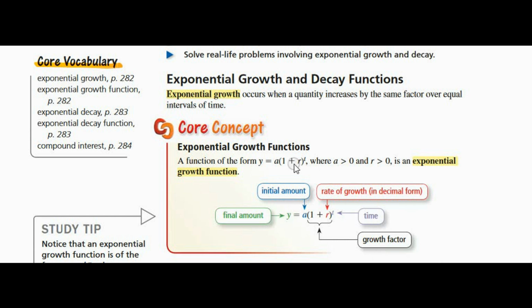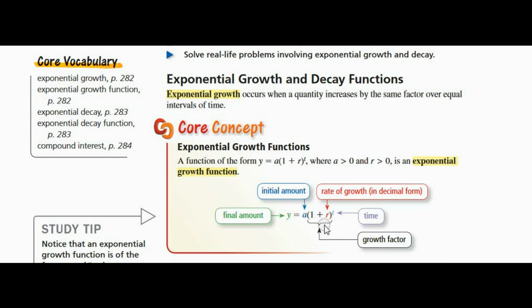So a couple of other important things looking at this diagram here. This diagram is very helpful. So y is your output, or your f of x, or f of t, sorry, in this situation, f of t, because t is what changes. So it's your final amount. A is your initial amount, okay? If you put $500 into your savings account, A is your initial amount, okay? That's really important.